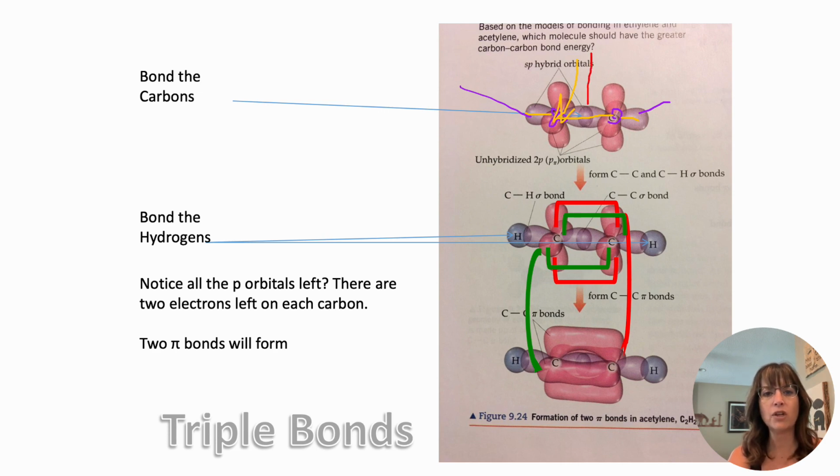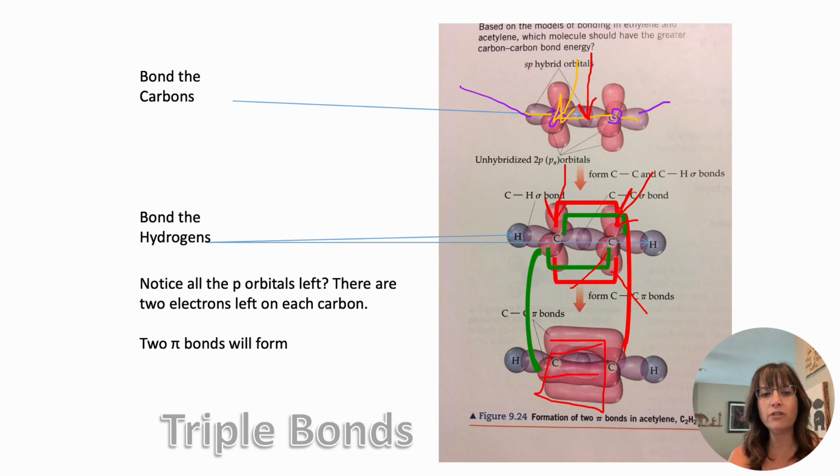Well, first, the carbon to carbon is our sigma bond. Now I want you to notice what's different from the last slide is that there are 4 p orbitals on each atom that are not attached to anything. It's kind of hard to see the one because it's on the back side, all right? But these p's are all going to come together to make 1 pi bond, just like you saw in the last slide.